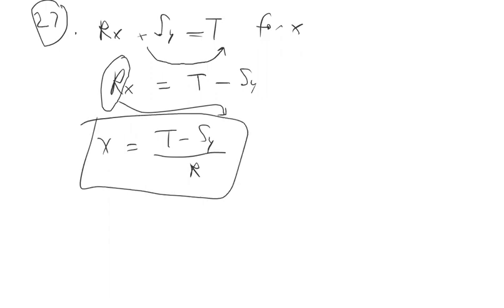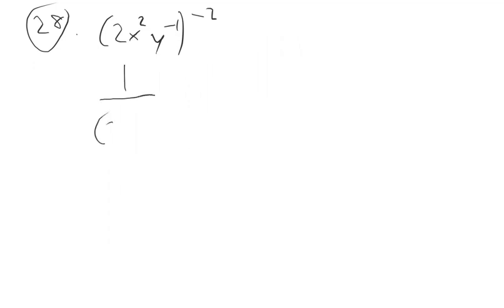Now number 28. Number 28 says 2x squared y to the negative 1, to the negative 2. Then what that means is we'll flip the whole thing over. So it'll be 1 over 2x squared y to the negative 1, to the positive 2.